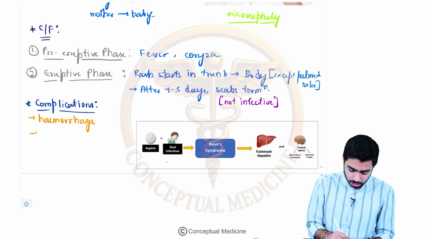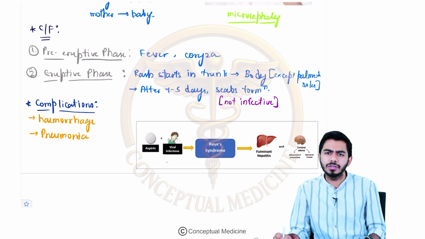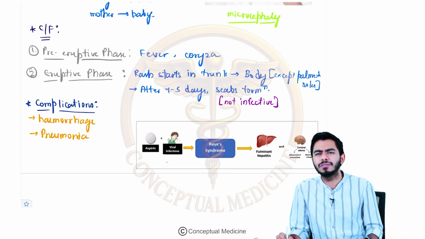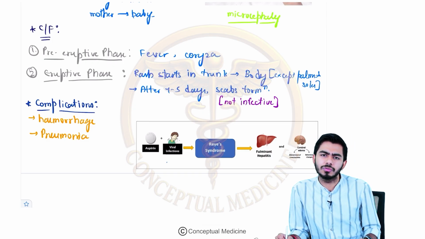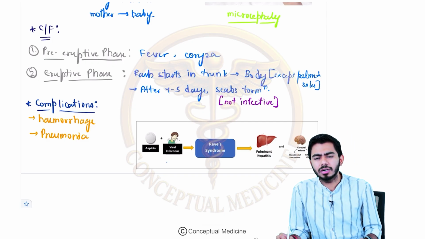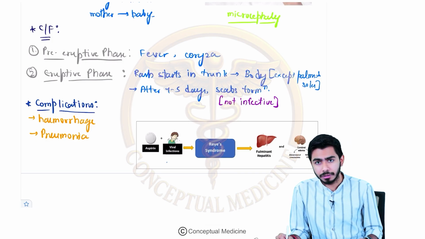And basically in children who are already having influenza, or who are having the varicella zoster virus, they might have Reyes syndrome, right. However, that is rare, and occurs if they take a non-steroidal anti-inflammatory drug, for example, aspirin, right.